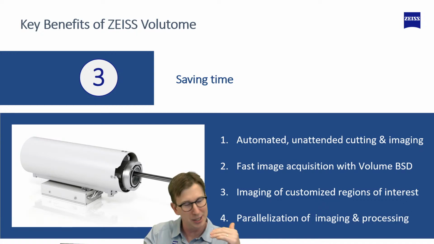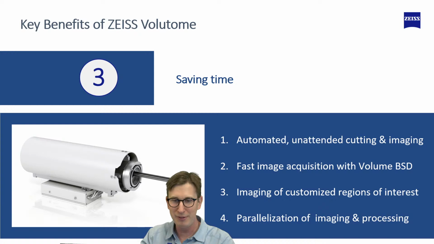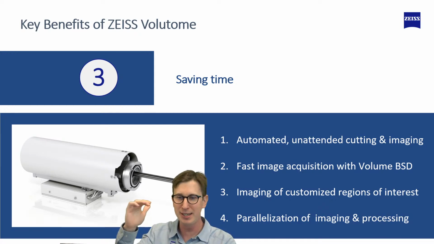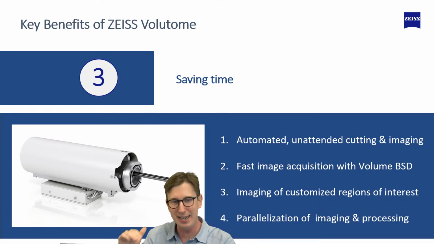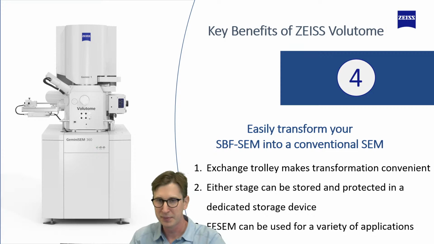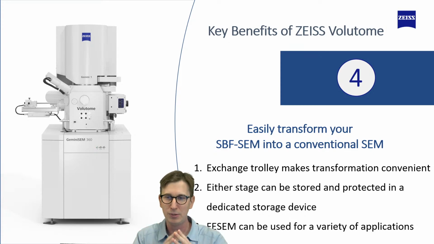Once you press go, it is collecting those slices in a fully automated fashion, and then, as I mentioned, it's processing that data as well. And of course, this isn't a dedicated tool. This is just something that can sit on your SEM when needed, and then you could take it off and you could put on a regular SEM stage for all the other kinds of SEM operation modes that you need.